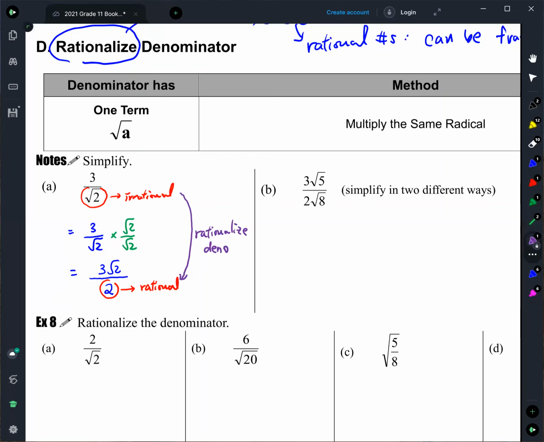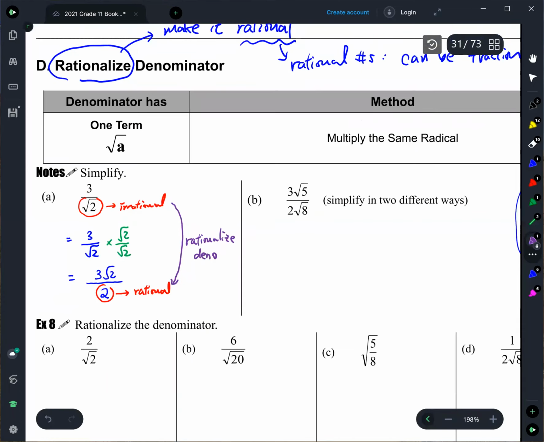So if someone is being irrational, you will know what to do, right? Okay, multiply by the same thing. Kat and Tony Wilson, do you have any question about this example? Okay, make sure you copy the notes down.